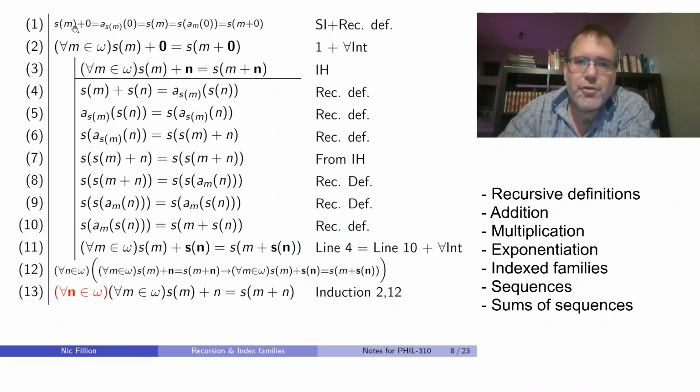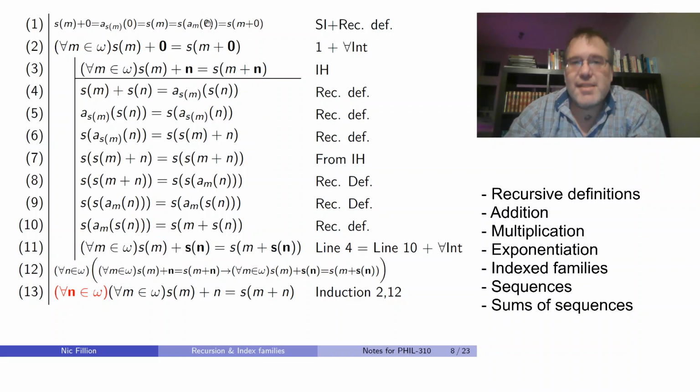Remember, the first term of the addition always goes as the subscript, and the second always goes as the argument. So I have a sub sm of 0. Now, if we look at our recursive definition, the addition function applied to 0 just returns the subscript, s of m. Then s of m, again, is equal to the function a sub m as it applies to 0. So here I've just replaced m by something that it's equal to. So we get the successor of a sub m of 0.